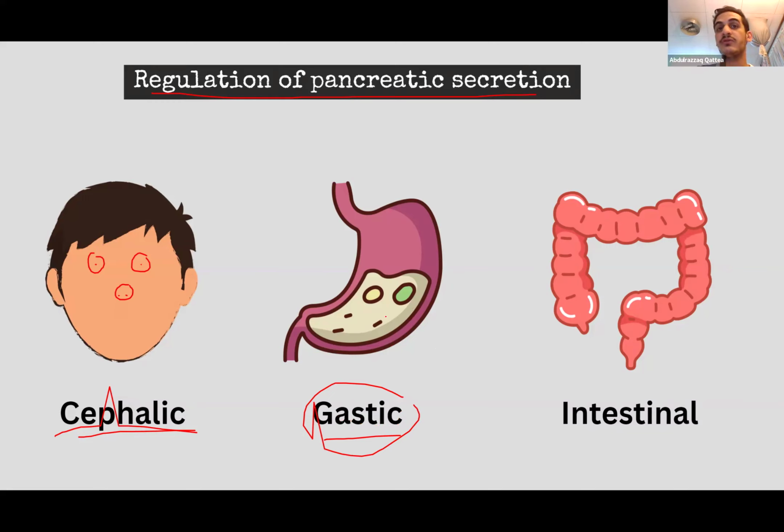However, when the food reaches the small intestine and the duodenum, the pancreas will start secreting a significant amount of pancreatic juices. And why do you think, guys, the intestinal phase is the more significant one? Just think out of the box.